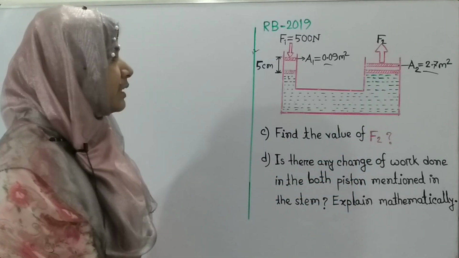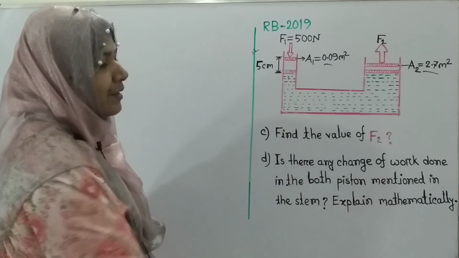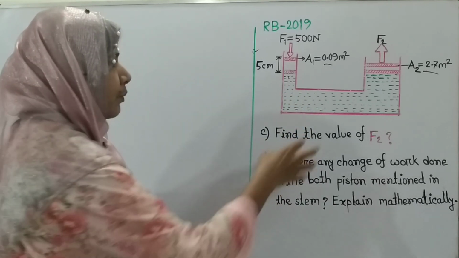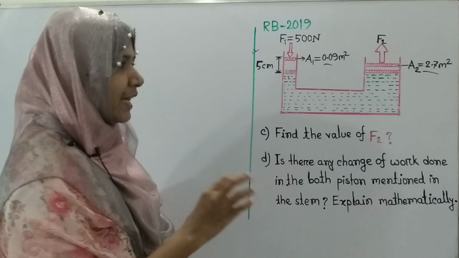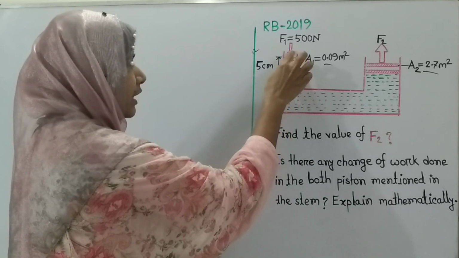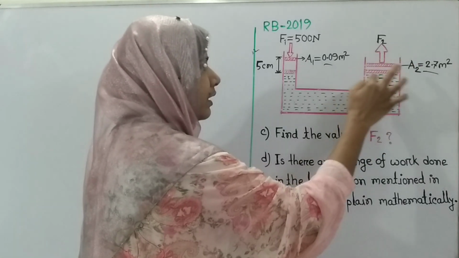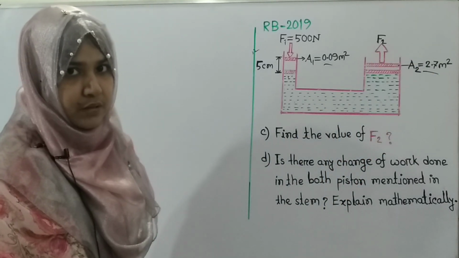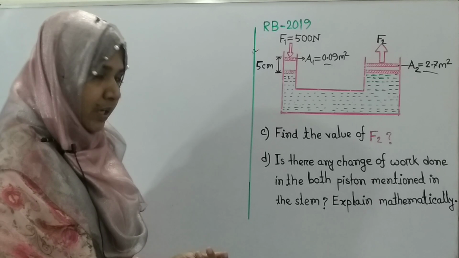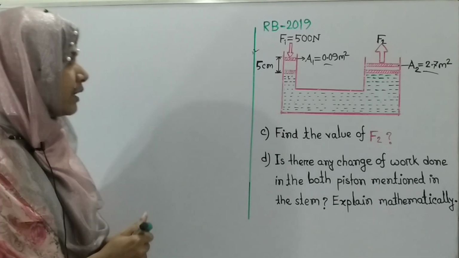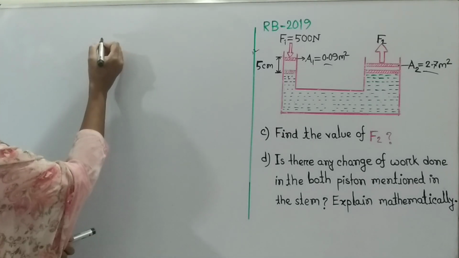As you see, here the liquid is fixed, that means the liquid is incompressible here. So we can say that the volume of liquid in the smaller piston is equal to the volume of liquid in the larger piston. So now we are going to start the calculation of question D.